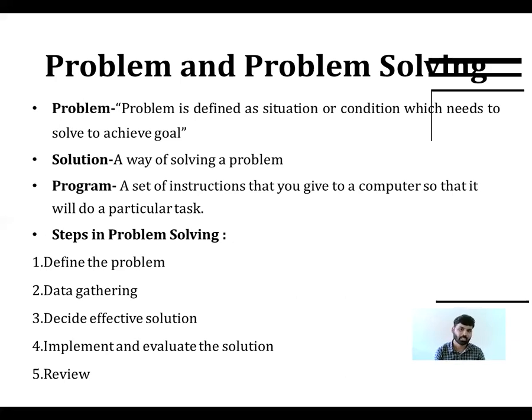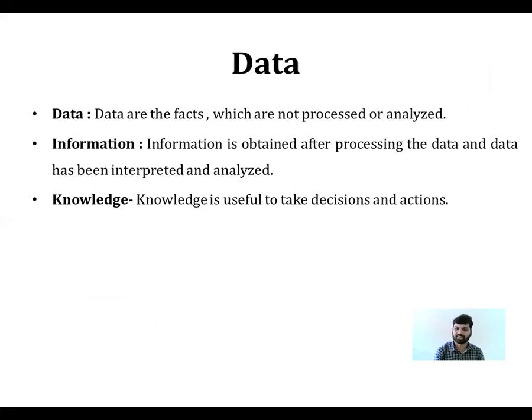Then we have to study what is data. Data are the facts which are not processed or analyzed. That is raw material which is not processed. Then information is obtained after processing the data, and it has been interpreted and analyzed.